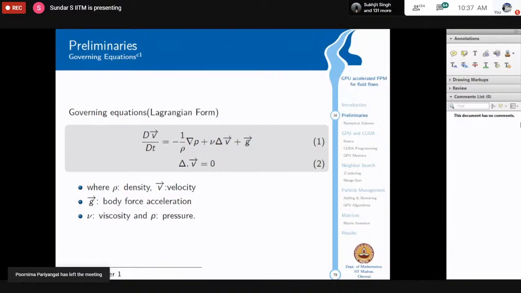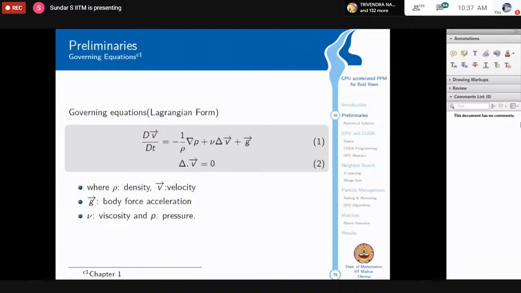It's a particle method, and it's solved in the Lagrangian form. In the Lagrangian description, you are traveling along with the particle. You are not sitting at one point and observing. That is Eulerian, but here you are sitting on the particle and traveling along with it.